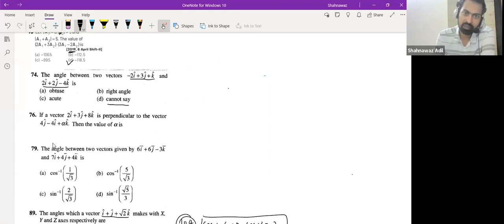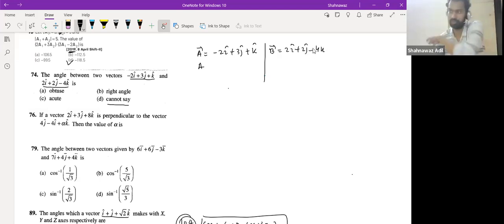Okay. So we have two vectors, right? A is -2i plus 3j plus k. So you guys quickly tell me what is the magnitude of A, and we have another vector B which is 2i plus 2j minus 4k. What is the magnitude of B?